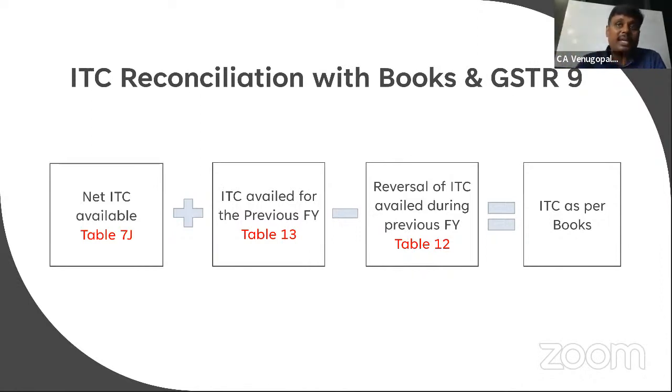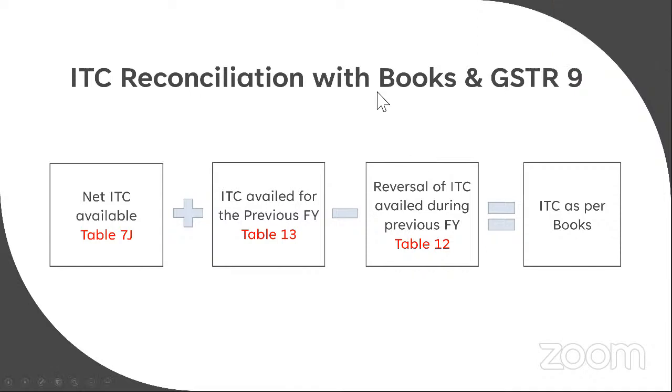So you have got to eliminate the credits that are reversed in the subsequent period. So these are the kind of adjustments you should also do to reconcile. So there are multifaceted reconciliations one has to do to match what is the proper input tax credit one has availed or one has to avail.